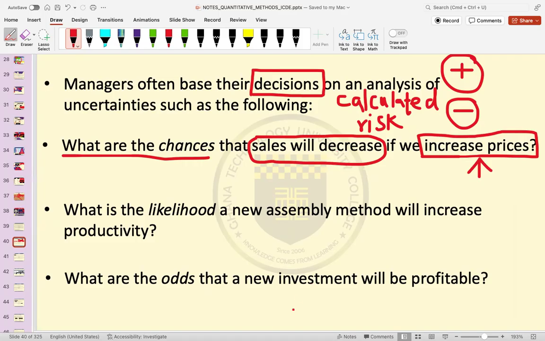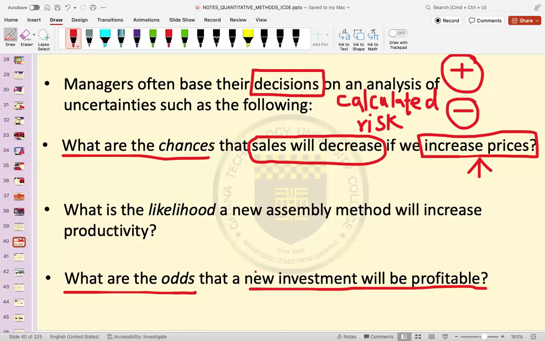Or when it comes to investment, you can ask yourself, what are the odds that a new investment will be profitable? You know, some of these investment issues we've experienced in the past in our country. So sometimes you count the risk.